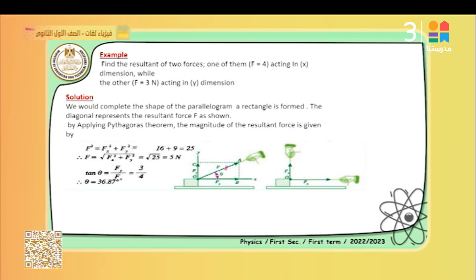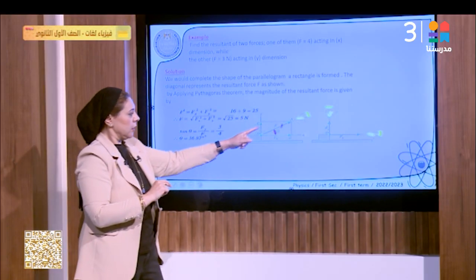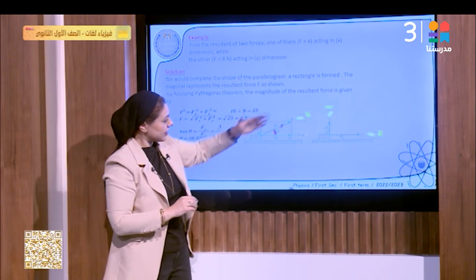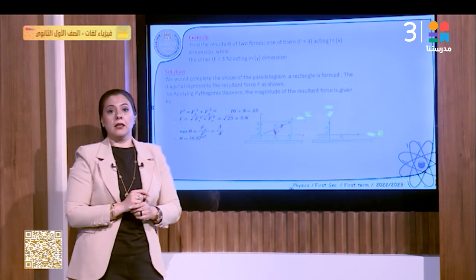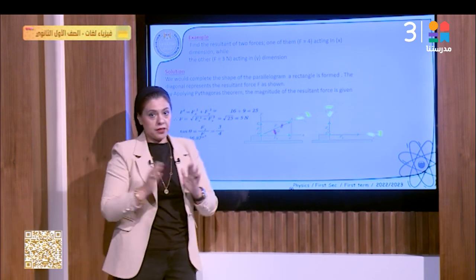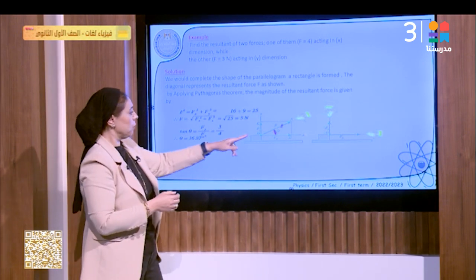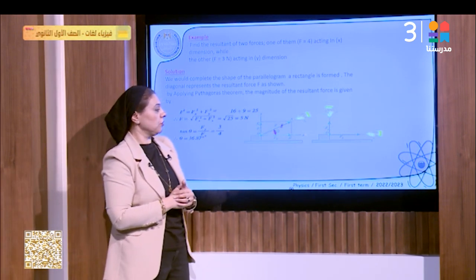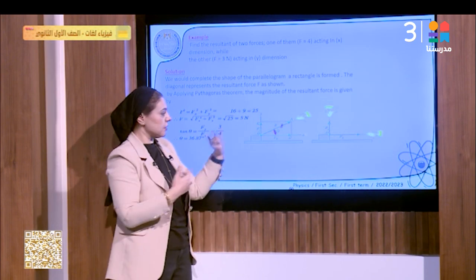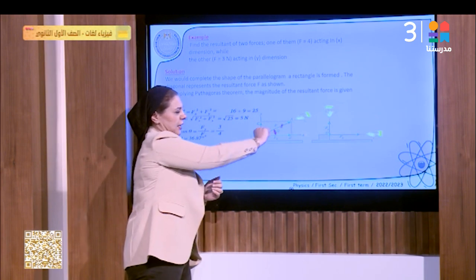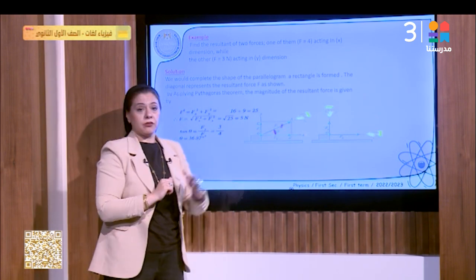If we close the shape as you see by drawing a parallel vector to Fy, in this you will get right angle triangle, and the resultant force represents the hypotenuse of the triangle, and we can find the magnitude of this side in the triangle by Pythagoras theorem. الفورس هنا التوتال فورس أو resultant force هتبقى عبارة عن الوتر بتاع الرايت انجل ترينجل الموجود عندي ده.